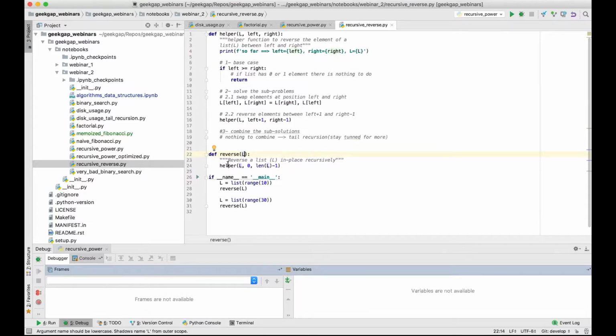Hence, we need a helper function to solve the problem, because those boundaries are the guys that are actually guiding us, telling us which problem to consider one after the other. So we start at boundary 0 at the very left, and boundary length of our array minus 1 at the very right, and then we enter here.